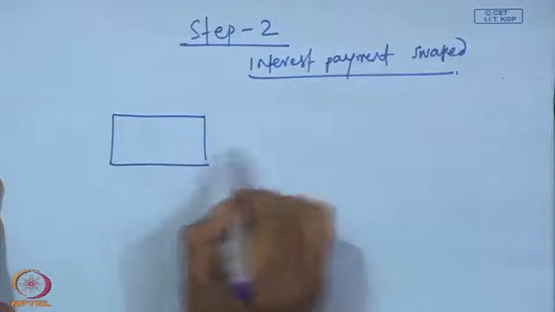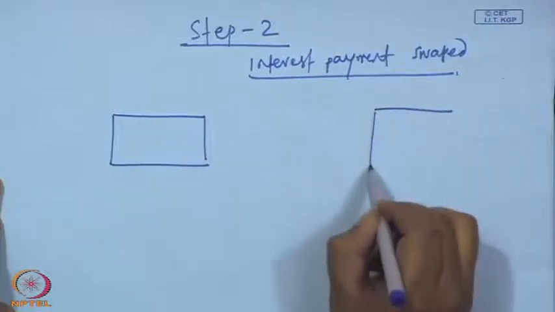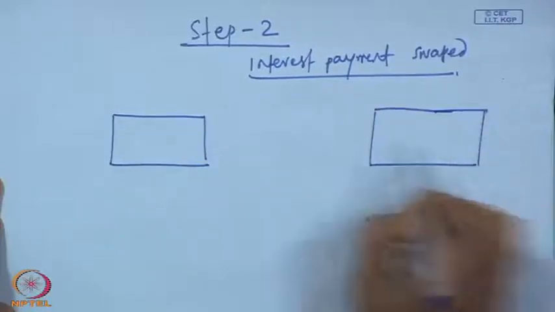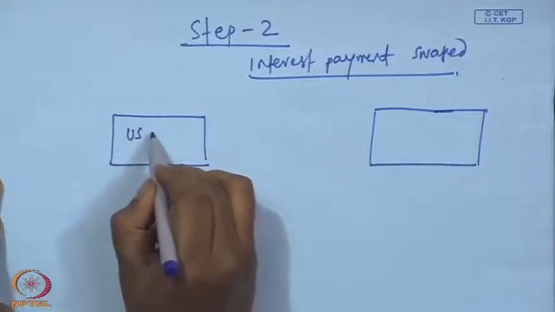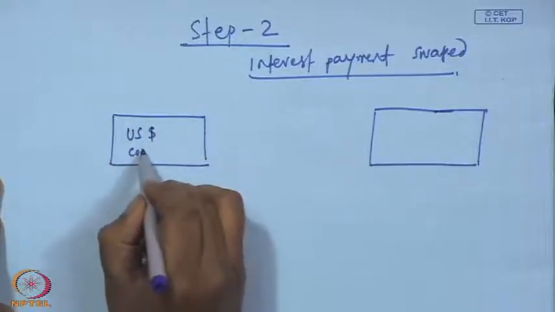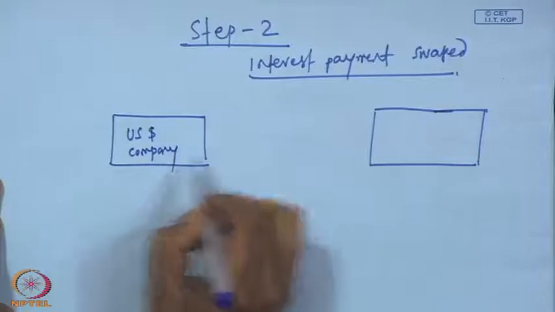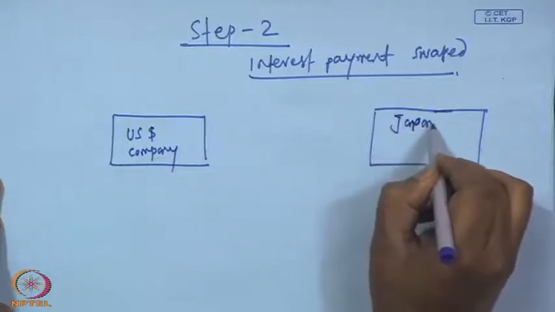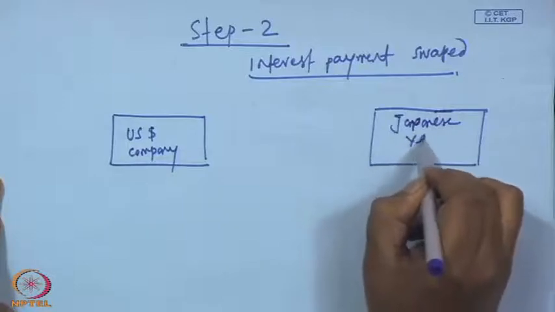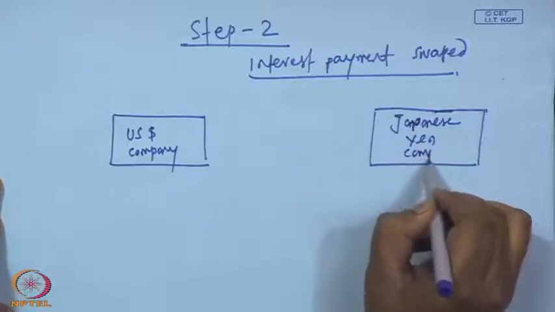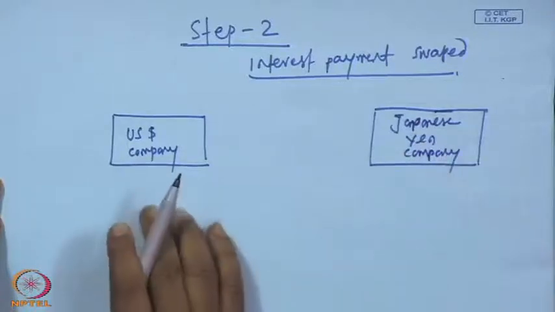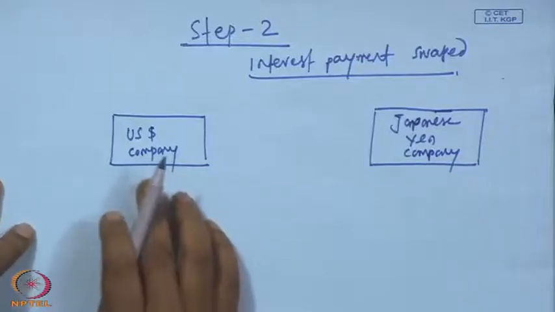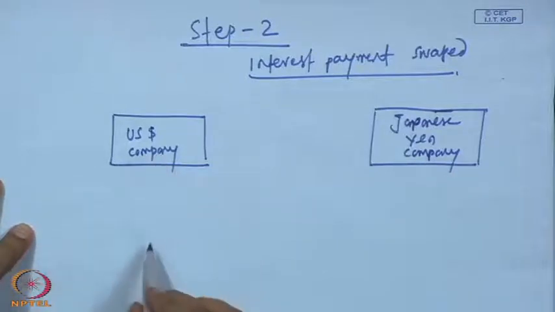Here is the US company, US dollar, and here the Japanese company, Japanese yen. The US dollar was raised by the US company at what rate?